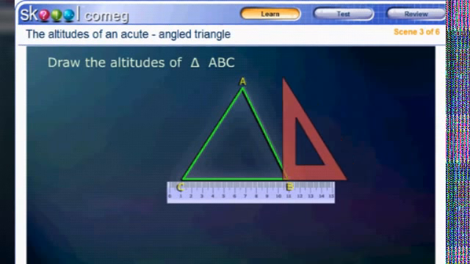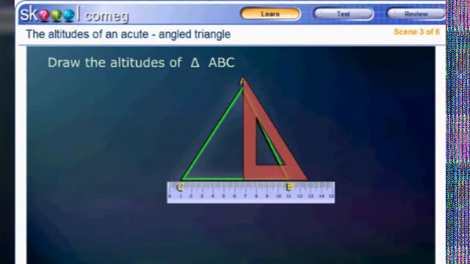Move the set square along the edge of the ruler until the vertex A coincides with the edge of the set square. 4. Draw the line segment AD, so AD is perpendicular on BC, then AD is the required height.